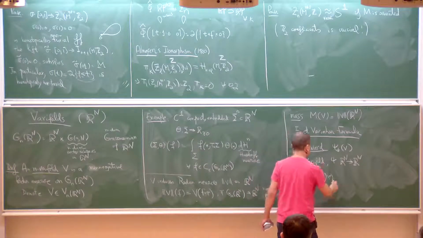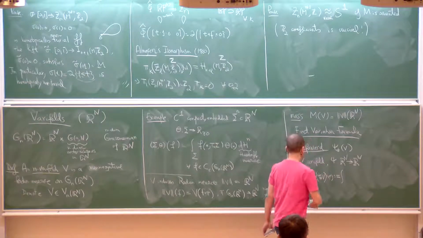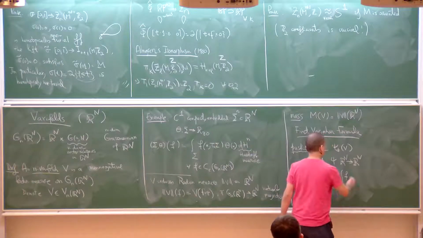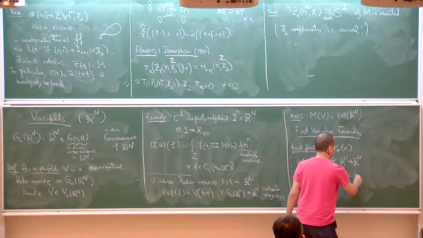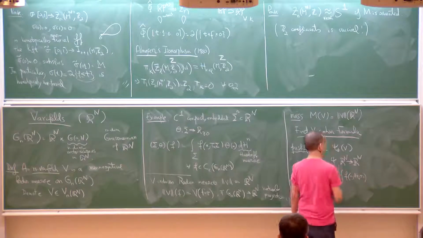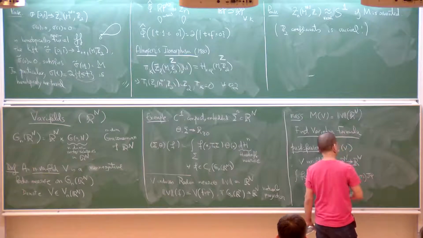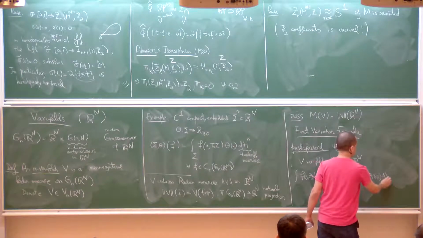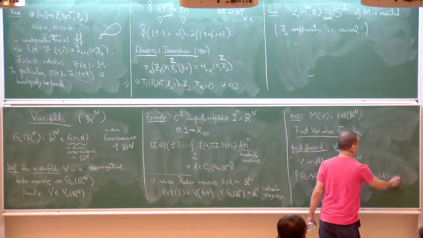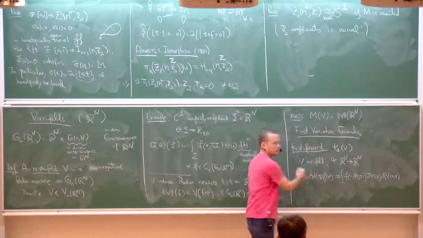By definition, this is the integral of f at x, d psi x evaluated at pi, corrected by the Jacobian of psi at x and pi, dV x pi.